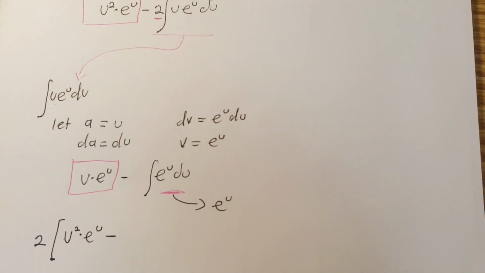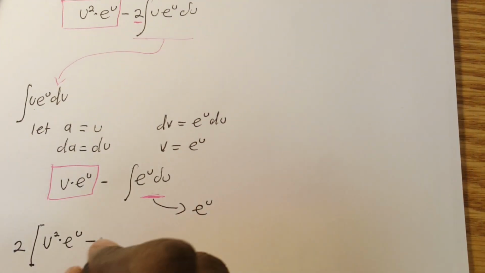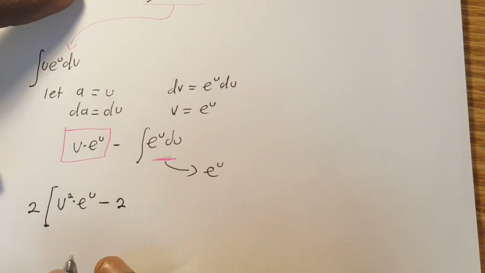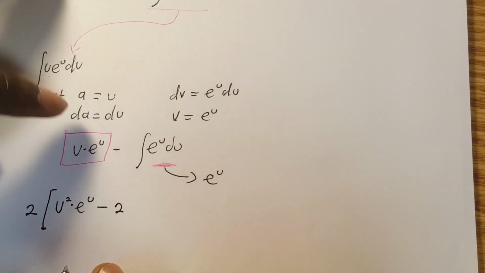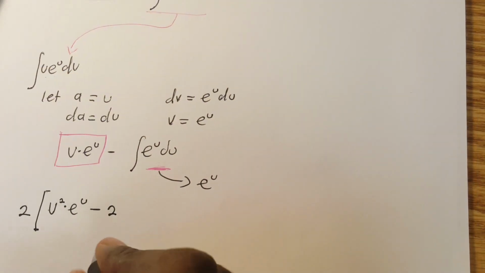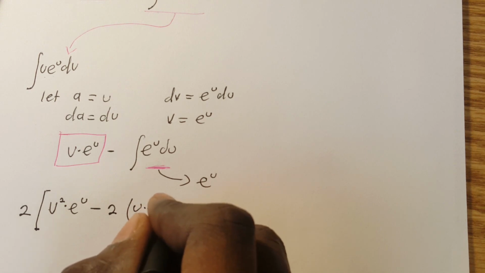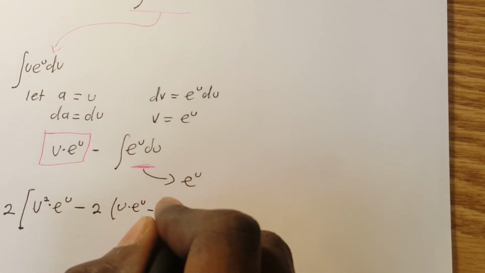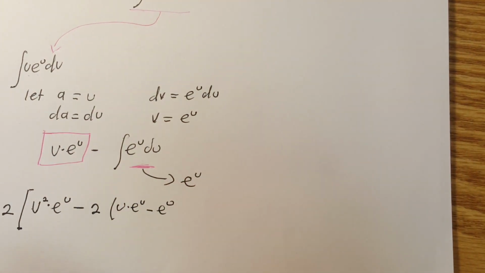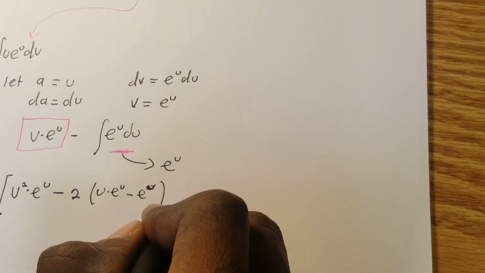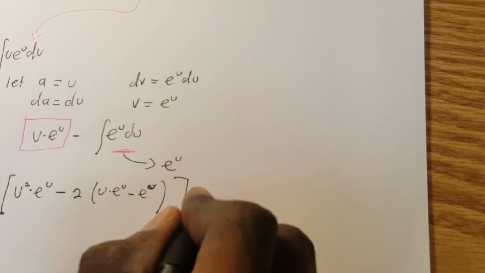So all we're gonna do is write another 2, that is this 2, then we're gonna put into bracket this guy and that guy, minus e to the U, plus C.